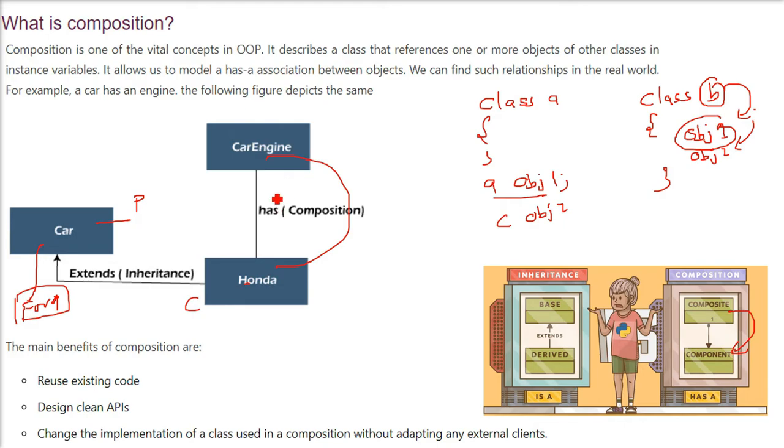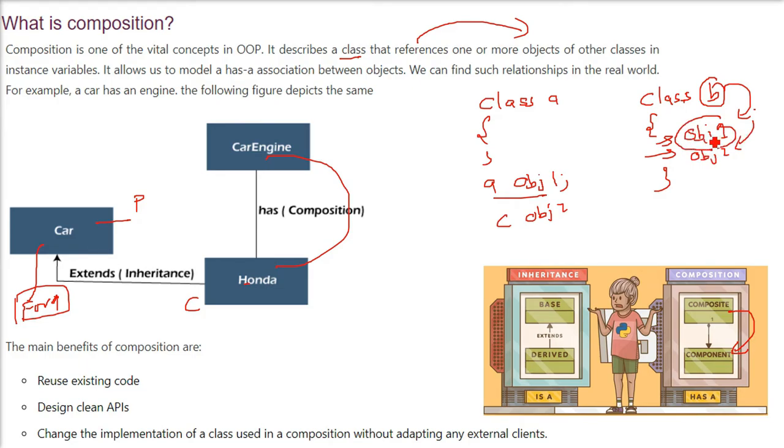So class B has A, class B has C, like a Honda has a car engine, a Ford has a car engine. In the Honda class, you are putting the object of the car engine class. So it describes a class that references one or more objects of other classes in instance variables.